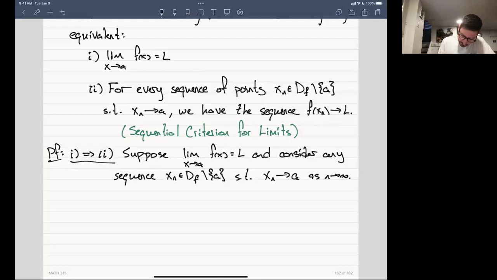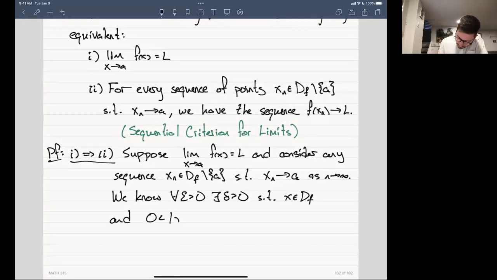So then we know, for all epsilon greater than 0, there exists, so this is using the proper definition of a limit in terms of point number 1 here. So I'm going to turn this back into the definition. So for every epsilon bigger than 0, there exists a delta such that if x is in the domain of f and 0 is less than |x − a|, which is less than delta, this implies |f(x) − L| is less than epsilon.